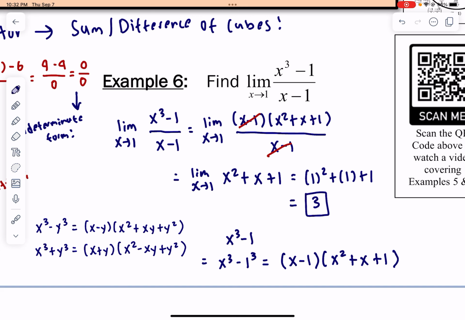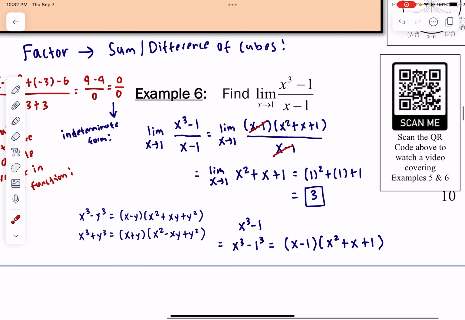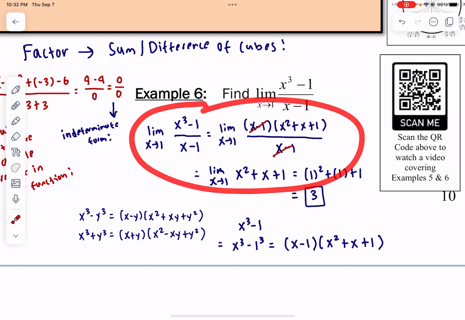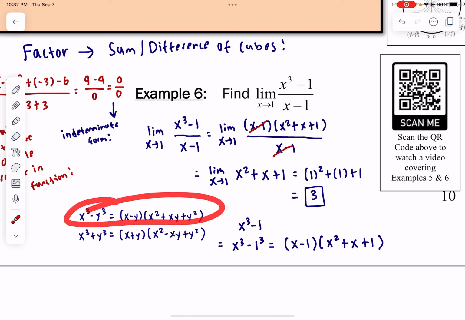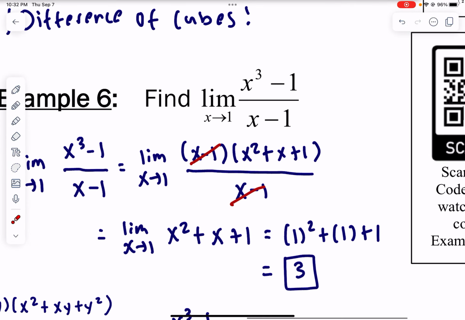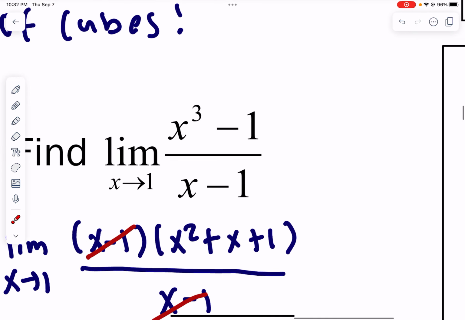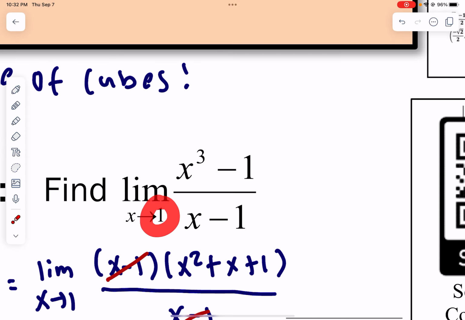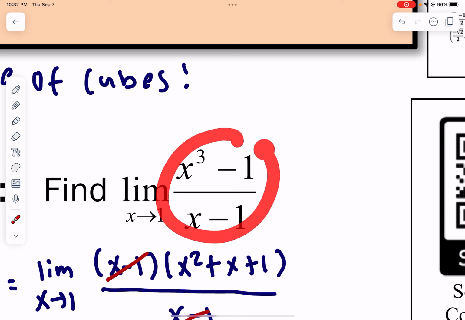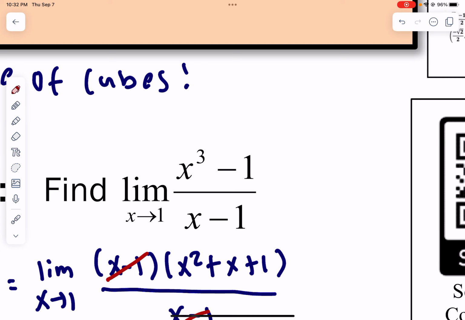Okay. So once again, the reason why we had to factor using the difference of cubes is because if we just look at this limit by itself and plug in 1, you'll notice that if you directly plug in 1 into this expression, you'll get 0 over 0, which is once again the indeterminate form.